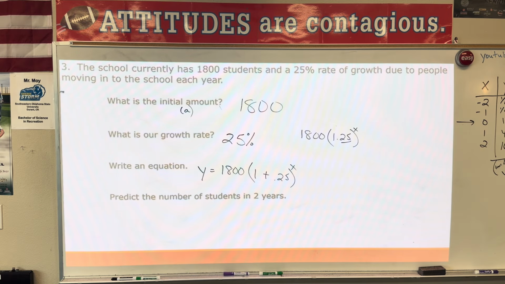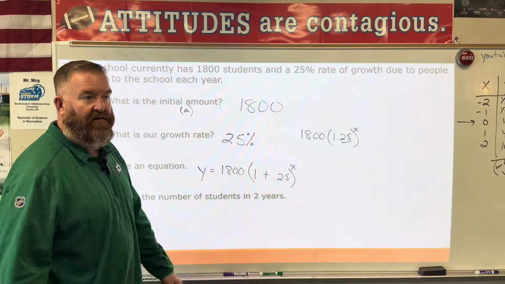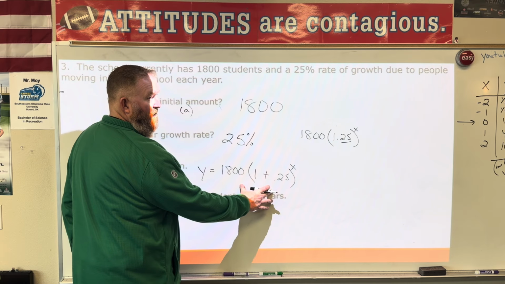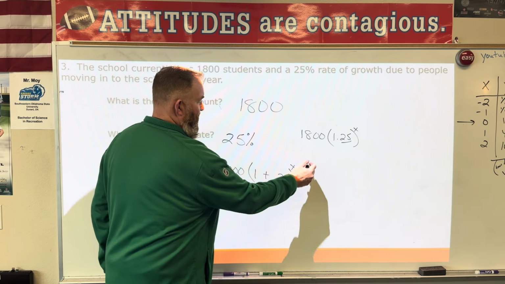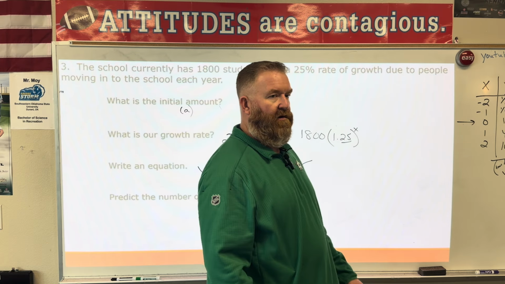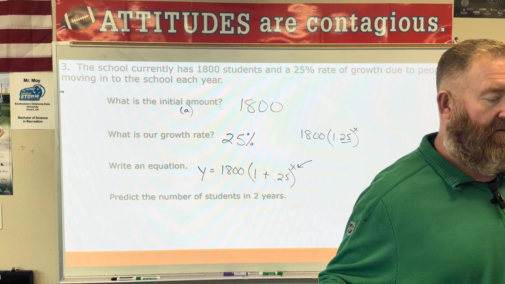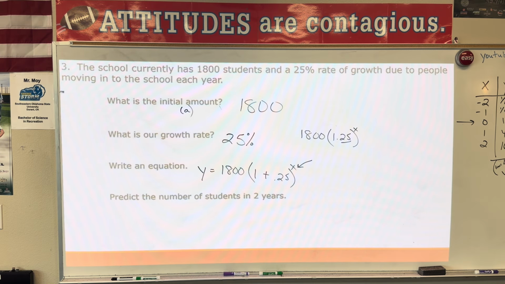Predict the number of students that you have in 2 years. So here you go. You have your calculator? Where do you think the 2 is going to go? Where the X is. That's where you put your 2. Go. Use your calculator and find it. Cross multiply.